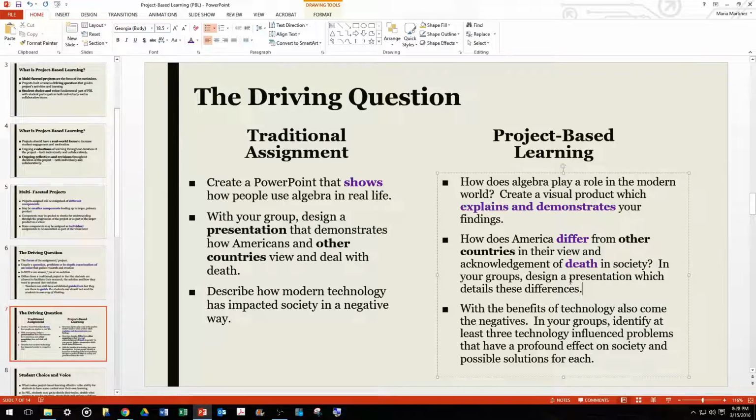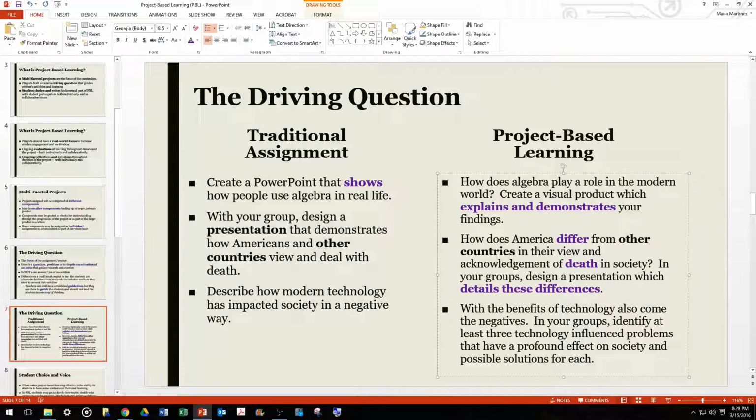But then they're going to have to detail the differences, which means that in their research, they're going to have to isolate the similarities so that they can focus on those differences. So again, we have taken a somewhat complex assignment and we have now turned it into a project-based learning assignment that offers student choice and voice, that offers a guide on their research, because of course they're going to be the ones to pick the countries and they're going to have to pick the research that they look at.